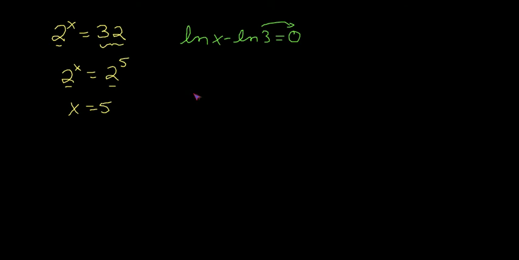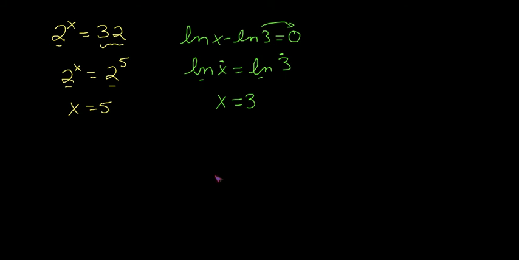That leaves us with natural log of x equals natural log of 3. Remember, natural log is just a log base e, so that matches, which means the values also have to match each other, so x equals 3. There's a solution using a one-to-one property with natural logs.